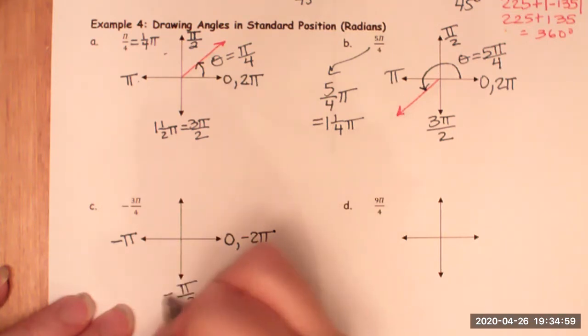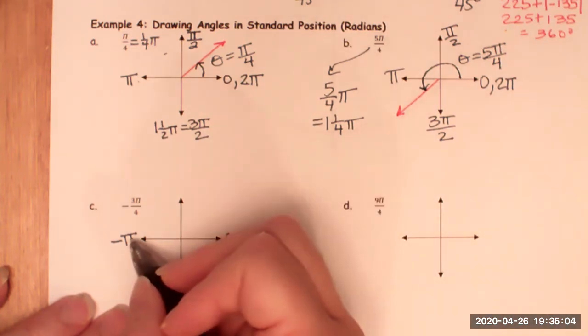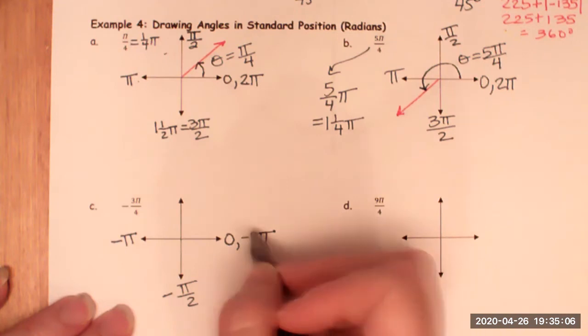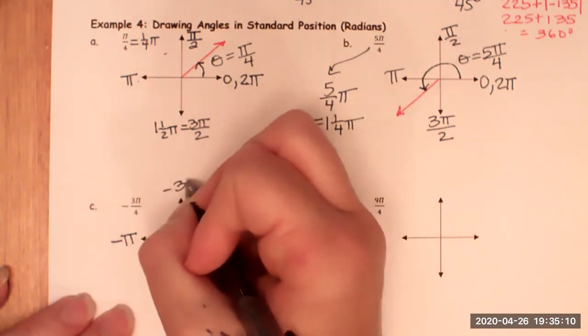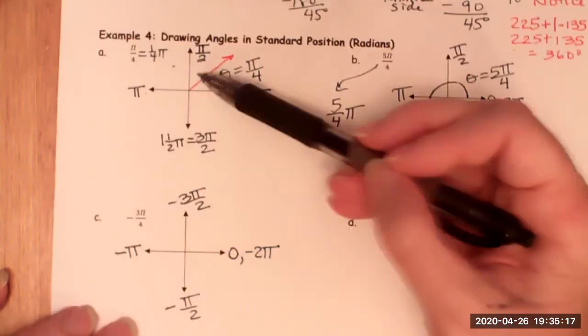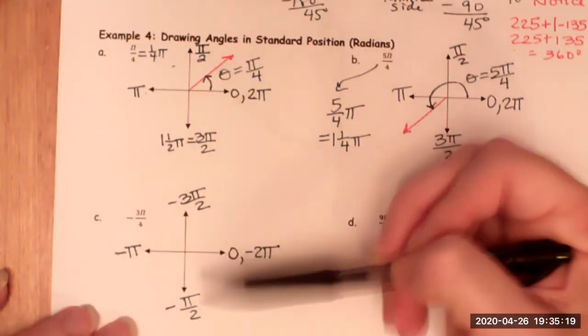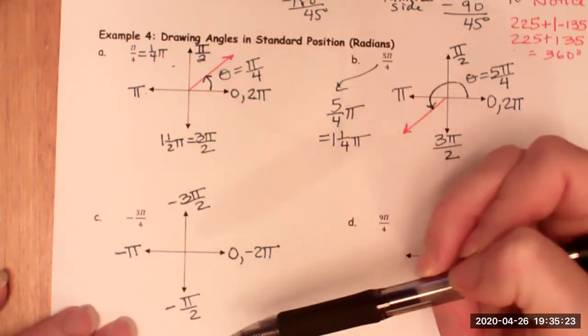But it's negative direction. And halfway between 1 and 2 is 1/2, or 3/2. So negative 3/2 pi, or negative 3 pi over 2. You'll notice this is just basically upside down of what we had up here, right? It's just in the negative direction. So pi over 2 on top, negative pi over 2 on the bottom, for example.